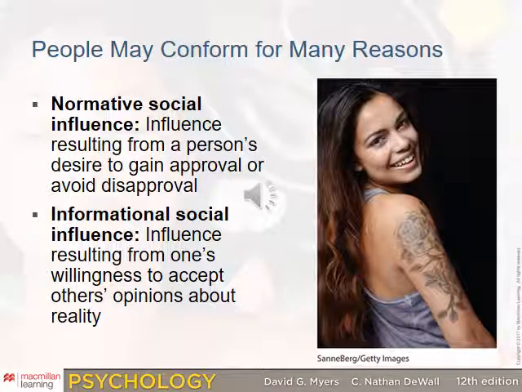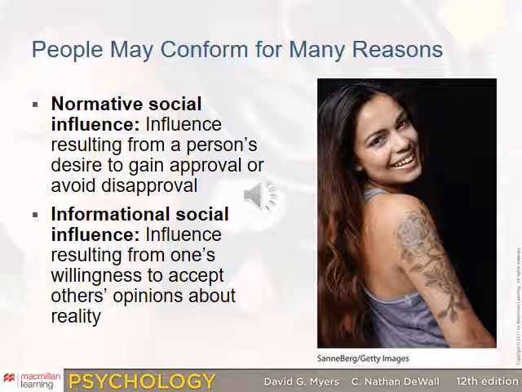So there are many reasons why people may conform. We have normative social influence and informational social influence. Normative is basically the type of social influence that leads to conformity, right? An example is peer pressure or the desire to be liked, to belong to a group.